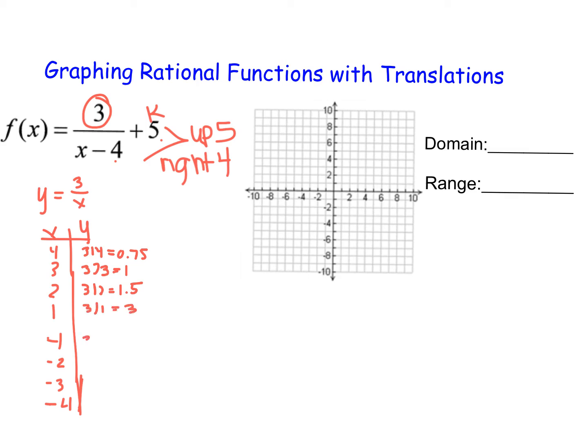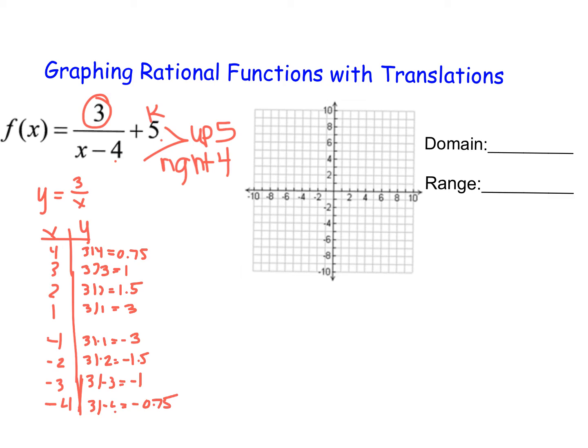And then if we repeat that, 3 over -1 is -3, 3 over -2 is -1.5, 3 over -3 is -1, and 3 over -4 is -0.75.